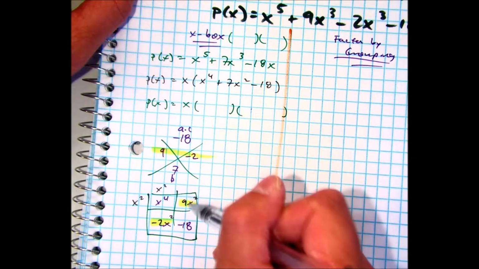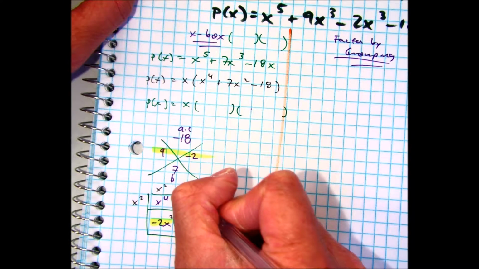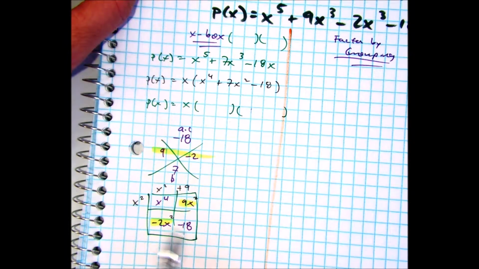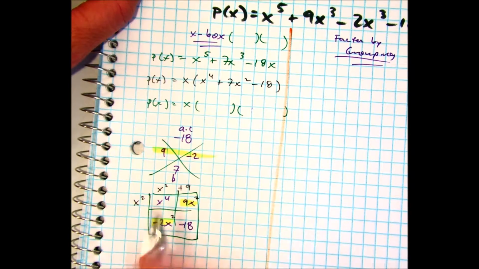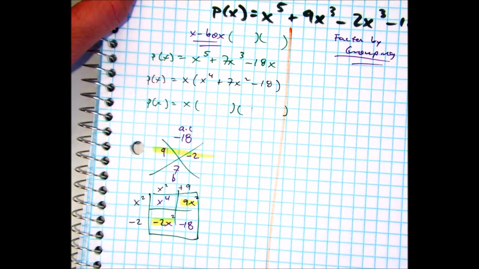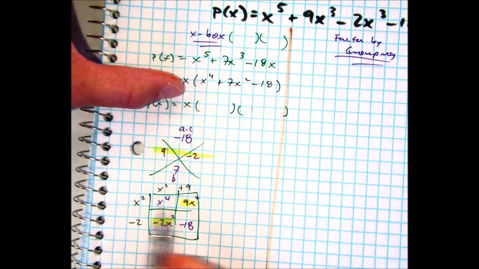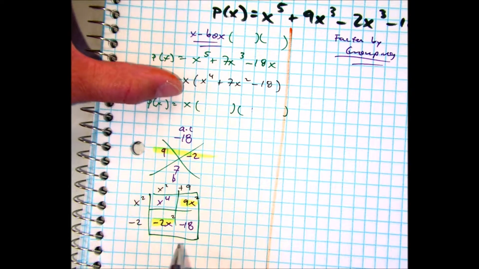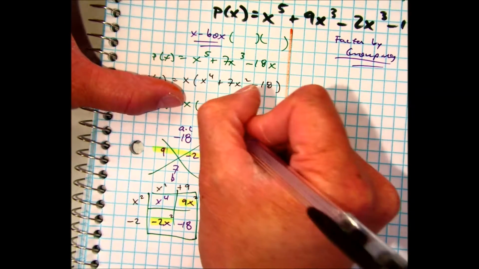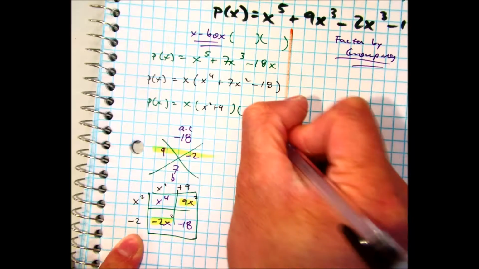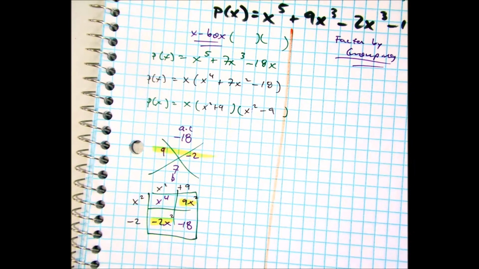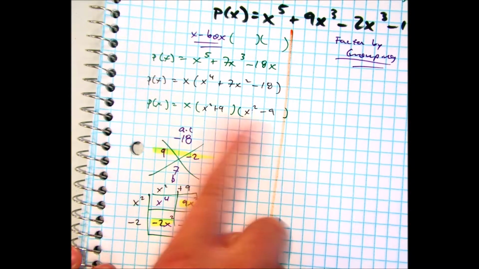So x squared times something equals 9x squared? Positive 9. And then your greatest common factor here? Negative 2. So, and that checks, 9 times negative 2 is negative 18, so I get x squared plus 9, and then x squared minus 9. Raise your hand if you factored yours and you got that.